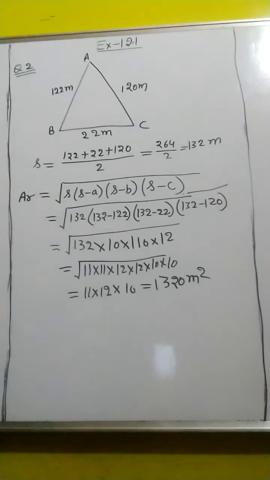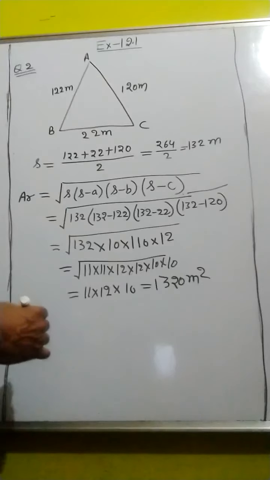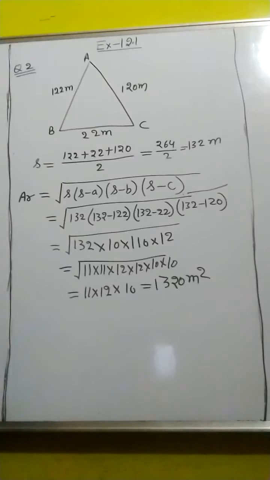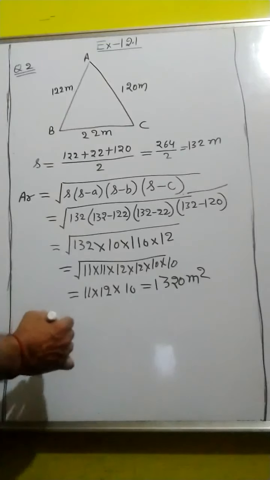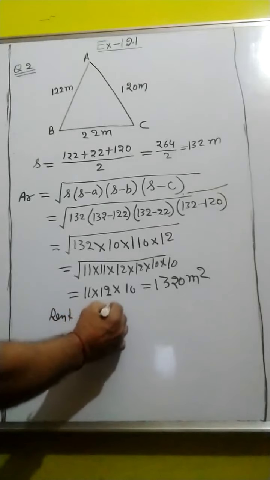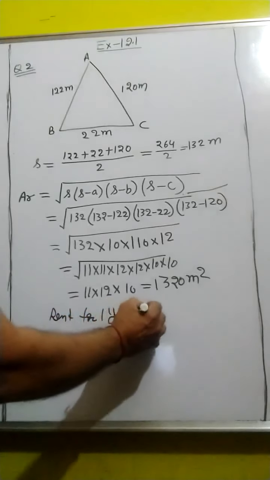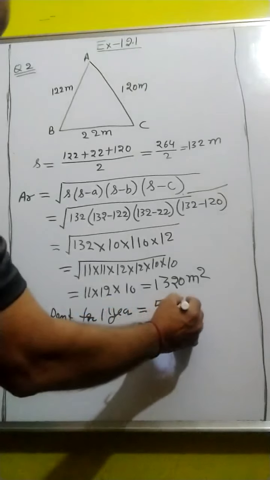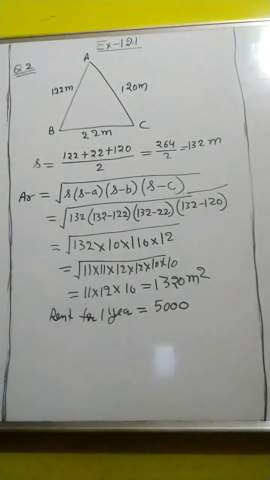Now it is given that the earning is rupees 5,000 per meter square per year. So per year the earning is rupees 5,000. The rent for 1 year is 5,000. 1 year means rent of 12 months.